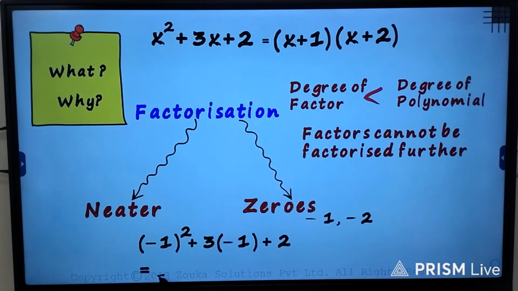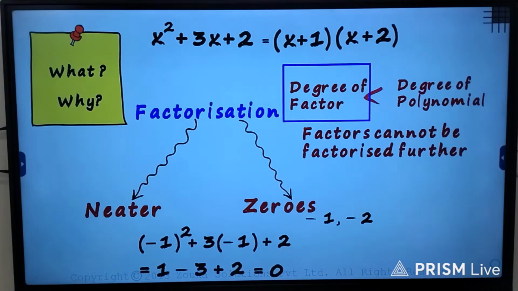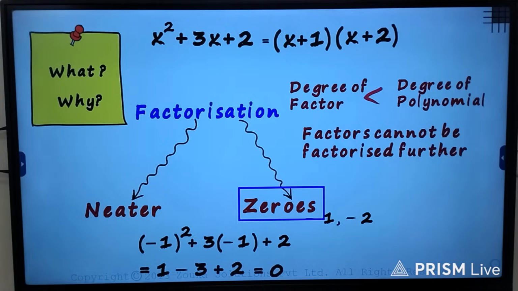That equals 1 minus 3 plus 2, which equals 0. Try substituting minus 2 in place of x of this polynomial, and you should get a 0 again. Remember, the factors may not always give us a 0 of the polynomial. This holds true when the degree of the factor is 1. Don't worry, we will understand zeros of a polynomial in a separate video. For now, keep in mind that it is one of the advantages of factorization.